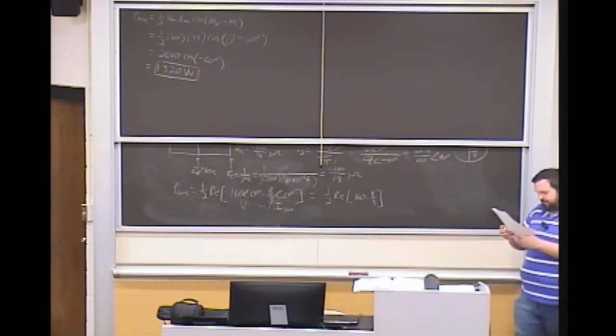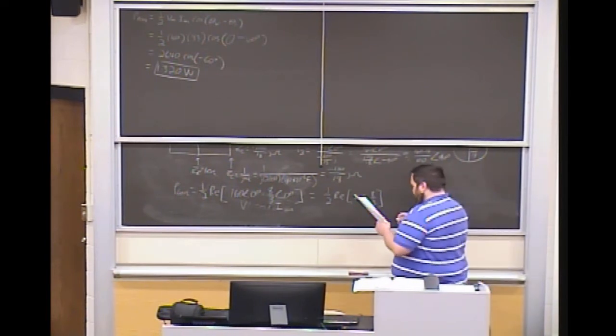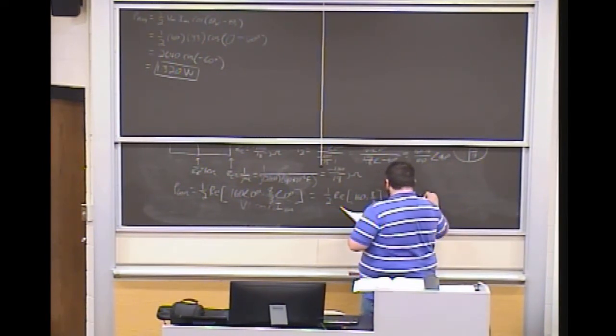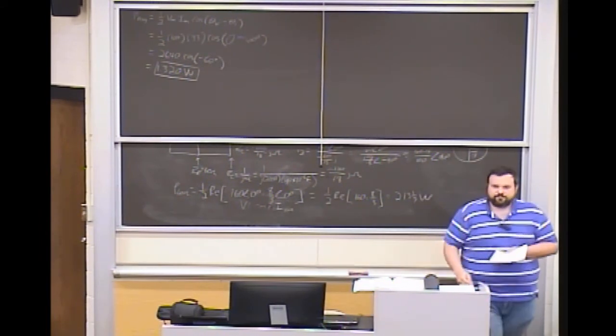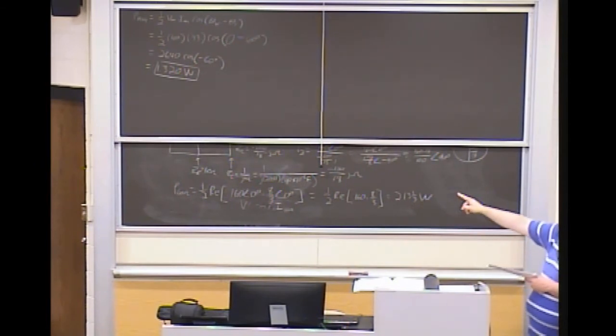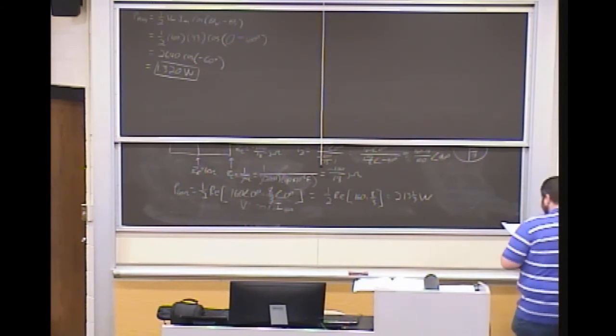So that works out to be 213 1/3 watts. That's the power dissipated by the 60 ohm resistor on average.